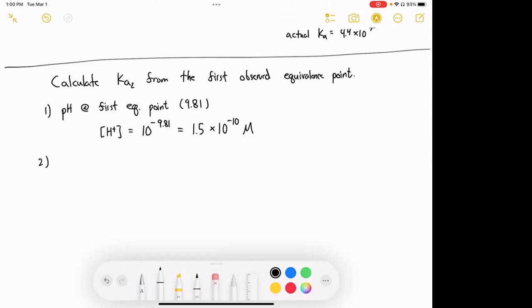So that concentration will definitely be greater than the Ka1 because we add an acid to carbonate to form bicarbonate initially at the first equivalence point. So then we can ignore the unity expression in this equation.